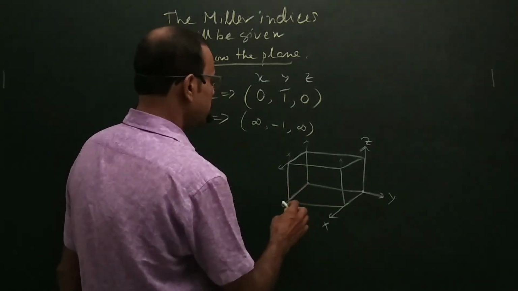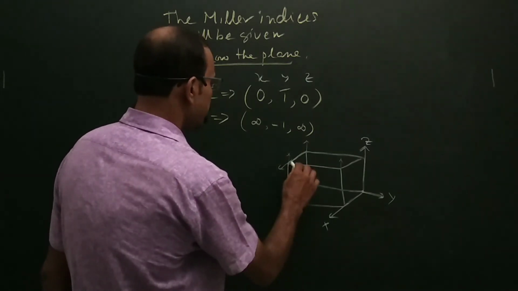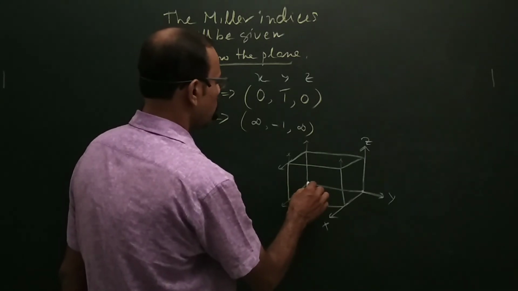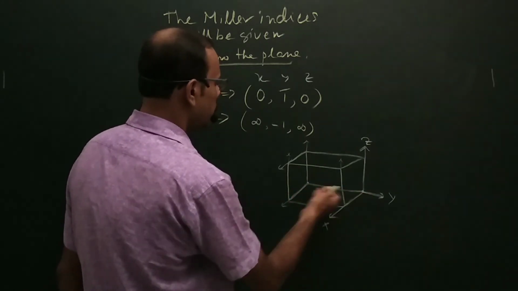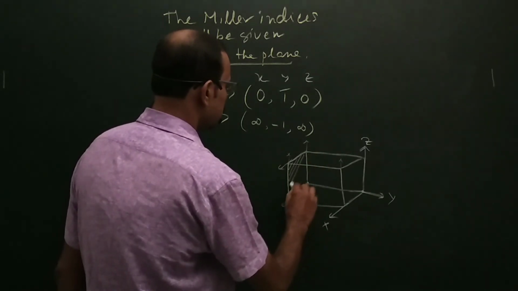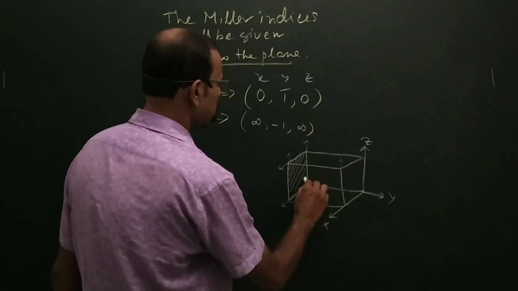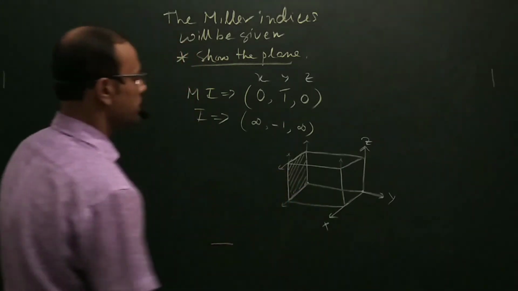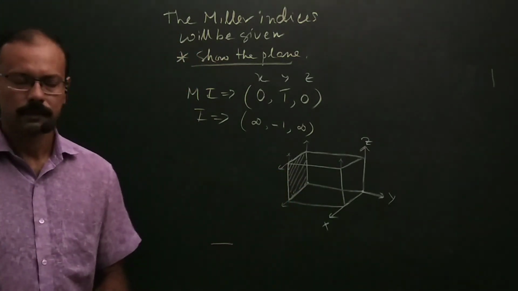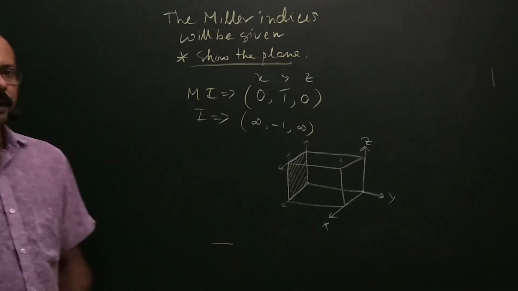Obviously the plane will be parallel to x-axis, parallel to z-axis, and intersect -1 unit along the y-axis. So the plane will be this one, okay? The plane will be left hand side plane, this one, okay? The plane will be this one. Clear? So I think you can understand.